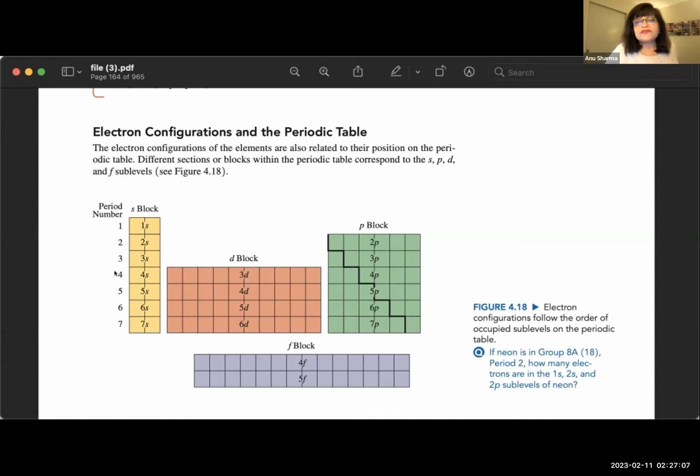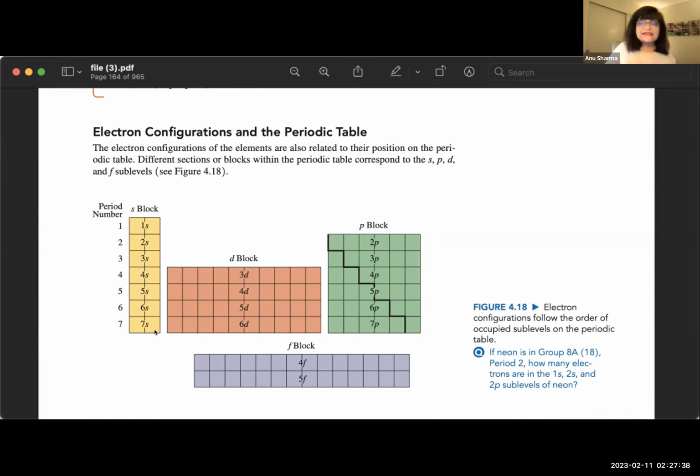Last electron in the fourth energy level, it's 4s1, then 5s1, 6s1, 7s1. So that is the electronic configuration of the valence electrons for the ones belonging to group 1A. Now group 2A, all these are s2: 2s2, 3s2, 4s2, 5s2, 6s2, 7s2.